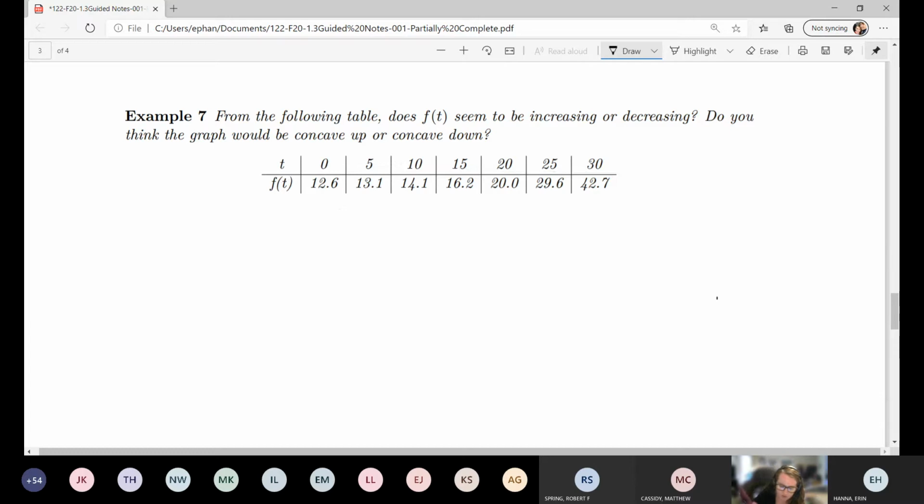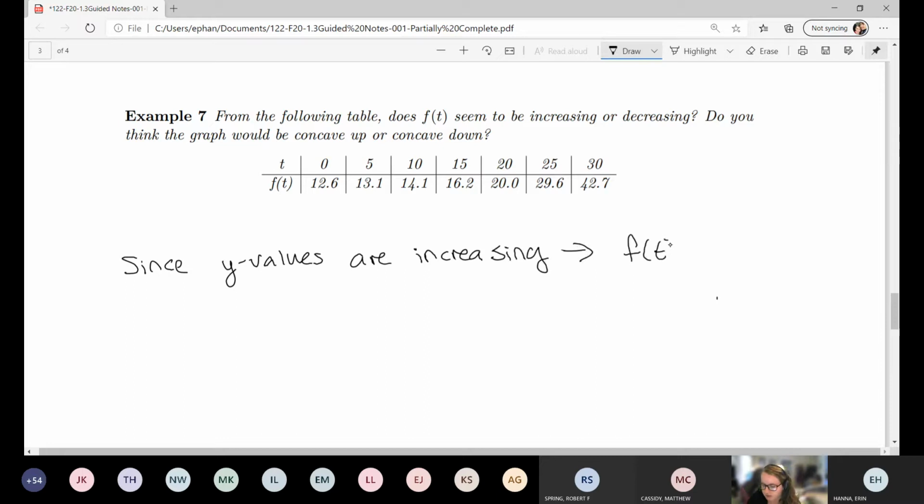So since the y values are increasing, f of t is increasing. If the y values were getting smaller, f of t would therefore be decreasing. But now, what about concave up and concave down?